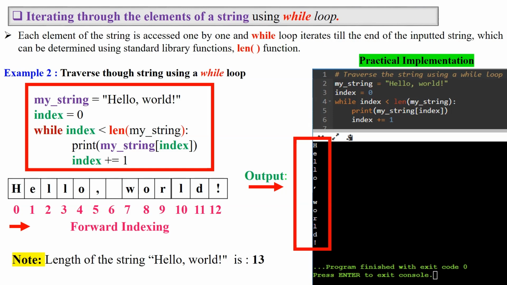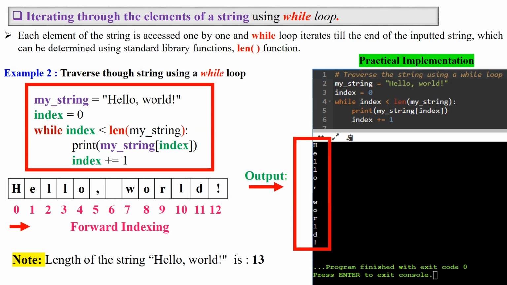The while loop is employed to iterate over the string until the condition index less than len of my_string becomes false. In this Python code, the length of the string hello world is 13. So, the while loop is employed to iterate over the string until the condition index less than 13 becomes false. The condition checks whether the index is still within the bounds of the string length.